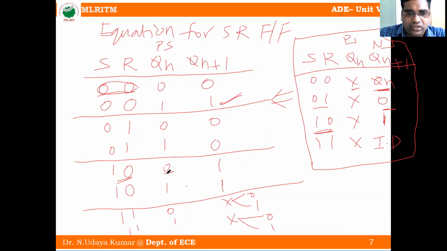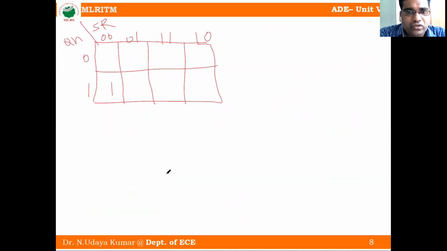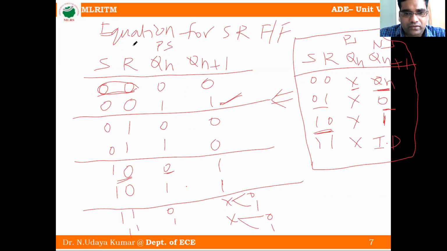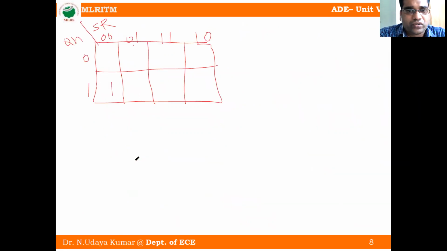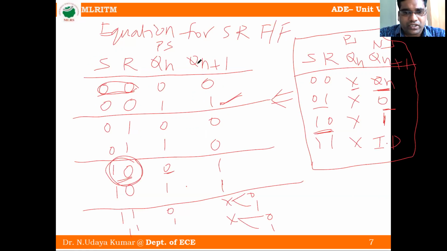Next, SR equal to 1 0 and Qn equal to 0, this one is 1. Then next, SR equal to 1 0 and Qn equal to 1, we will get 1.